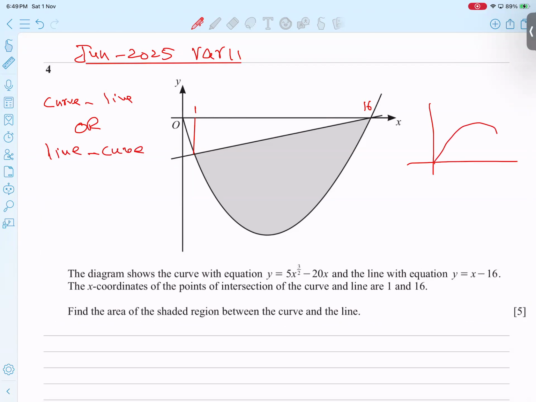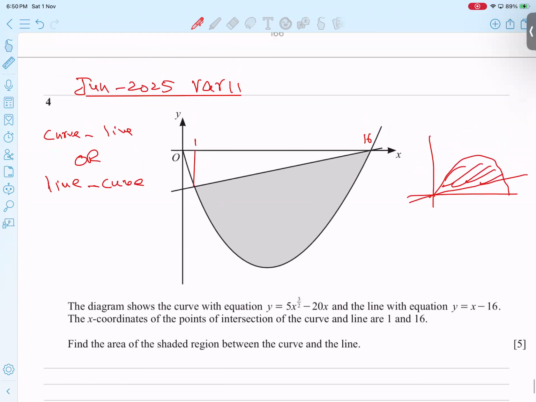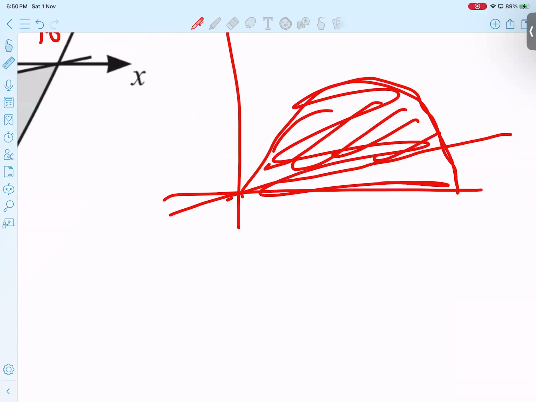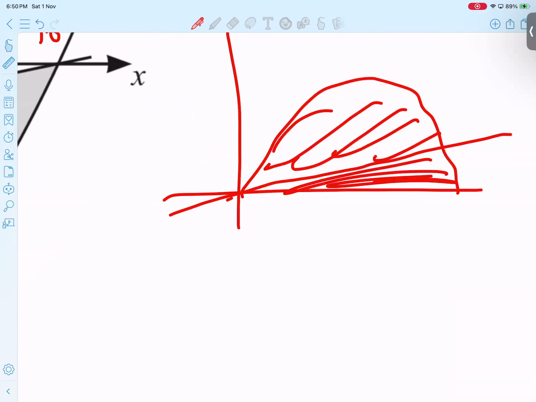This is a curve and this is a line. If I'm looking for this area, the area under the curve is more and the area under the line is lesser. So in this option, I will say curve minus line.